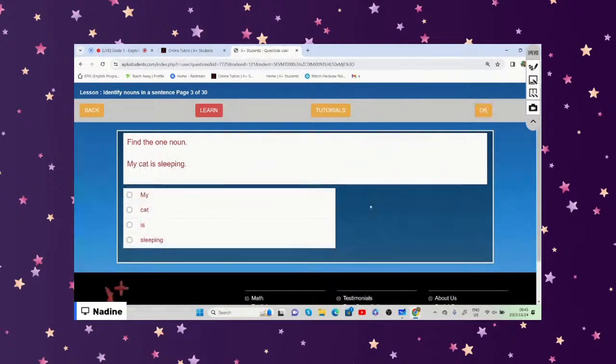The cat is sleeping. The cat is sleeping. What is a noun within the sentence? Is it my cat is sleeping?